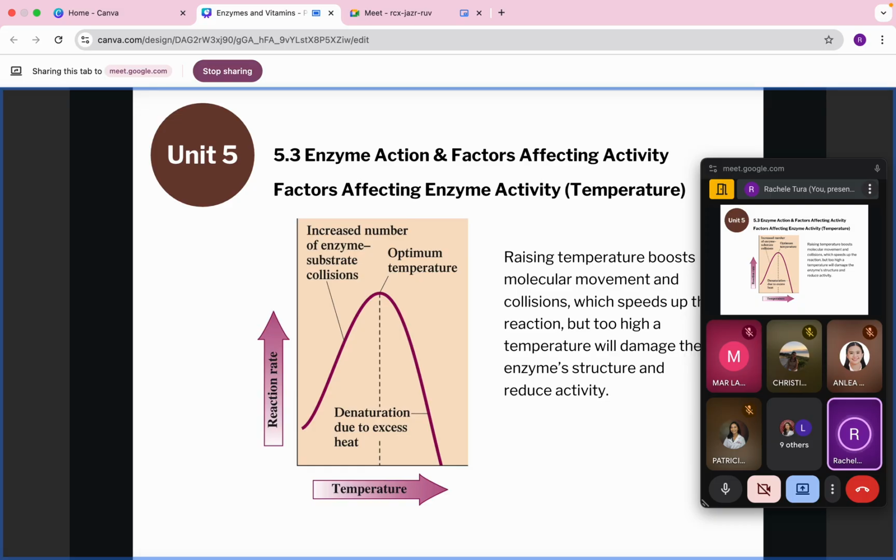In conclusion, moderate heat, going to the optimum temperature, means more collisions and a faster reaction. Too much heat will cause the enzyme structure to break down, so beyond the optimum temperature the reaction slows down or eventually stops. That's how temperature affects our enzyme activity.